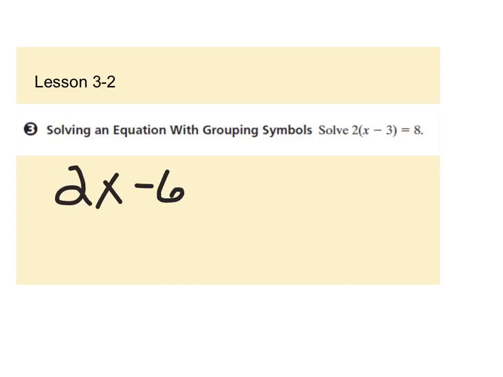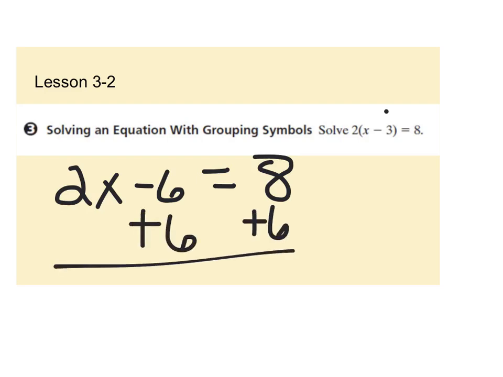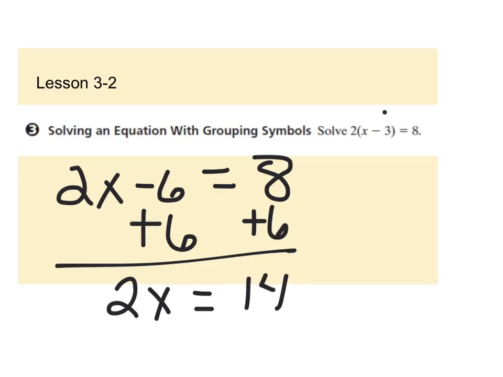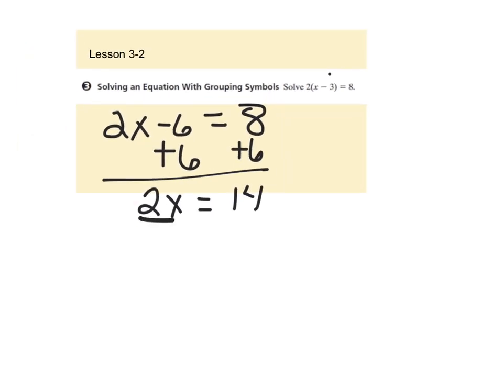A lot of students will forget to multiply that 2 times the 3, so you want to make sure you're doing that. And then that equals 8. We then can undo the subtraction, and then divide both sides by 2, and we get x equals 7.